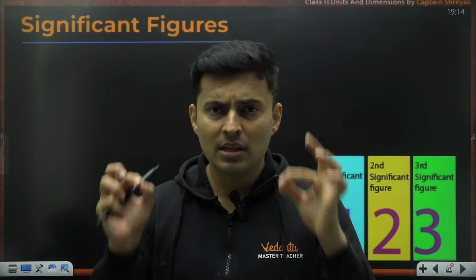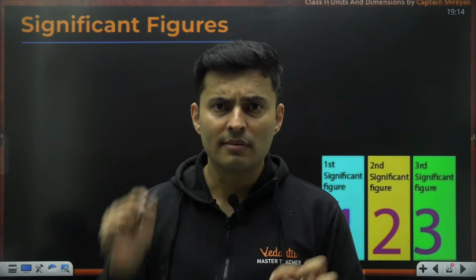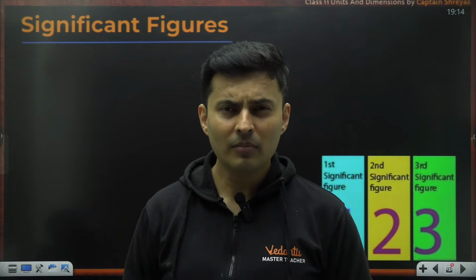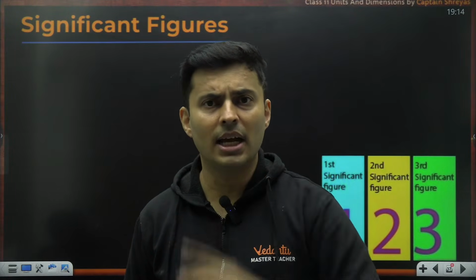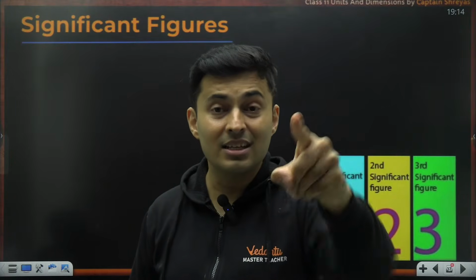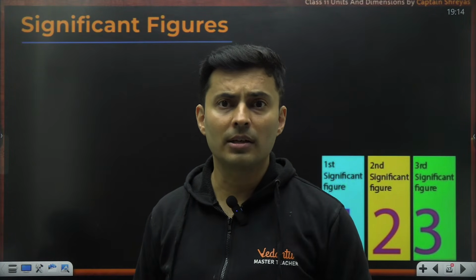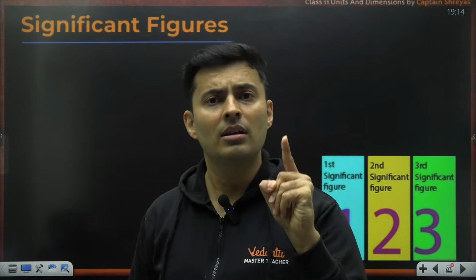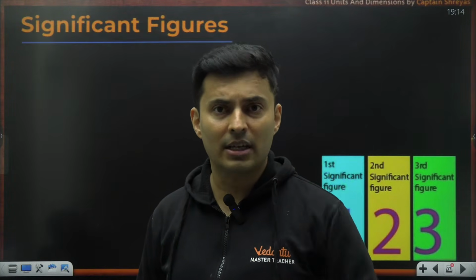And in physics, I will make sure that your score will be perfect. Even if the paper is hard, I am telling you, you will get 99.99 percentile. And this time's physics paper was the hardest. In spite of that, my students got 99.99 percentile. This is the confidence Shreyas sir has. It was a completely unexpected paper.